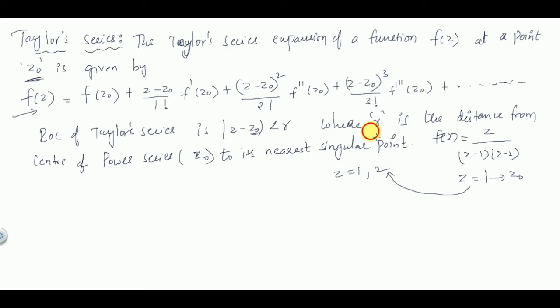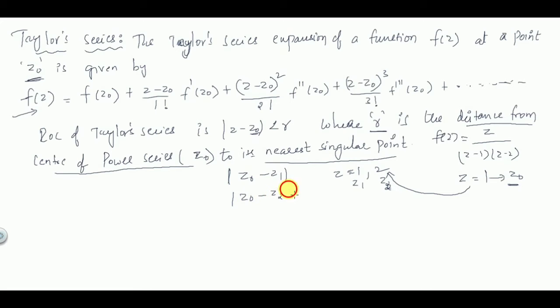So r is the distance from the center of power series, z0, to its nearest singular point. So first you have to find modulus of z0 minus z1, and modulus of z0 minus z2. Suppose you take the singular points as z1 and z2. So this becomes your r1 and this is your r2.